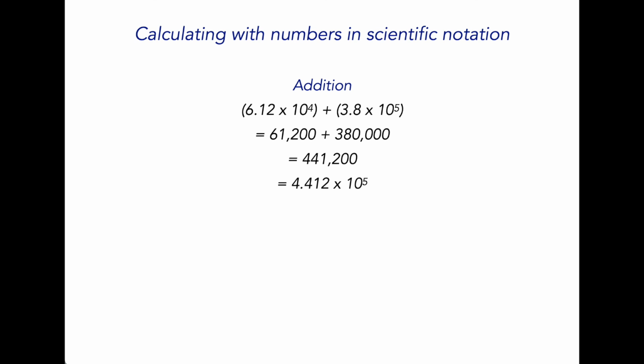And if you then add those ordinary numbers, you get 441,200. And if you move the decimal point to the left, as we saw before, we get the answer 4.412 times 10 to the power of 5.